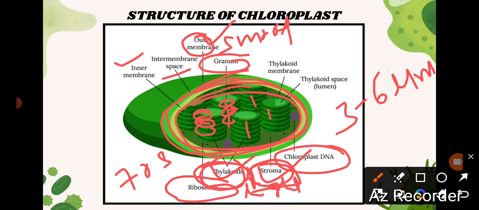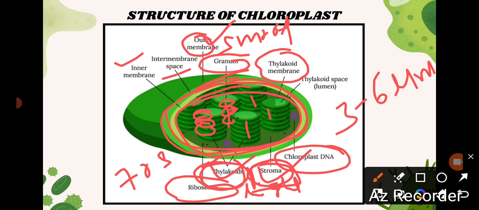Next we'll move on to the thylakoid membrane. So what is the thylakoid membrane? The thylakoid membrane holds the photosynthetic pigments, the electron transport chain, the ETC, and the ATP synthase enzyme.